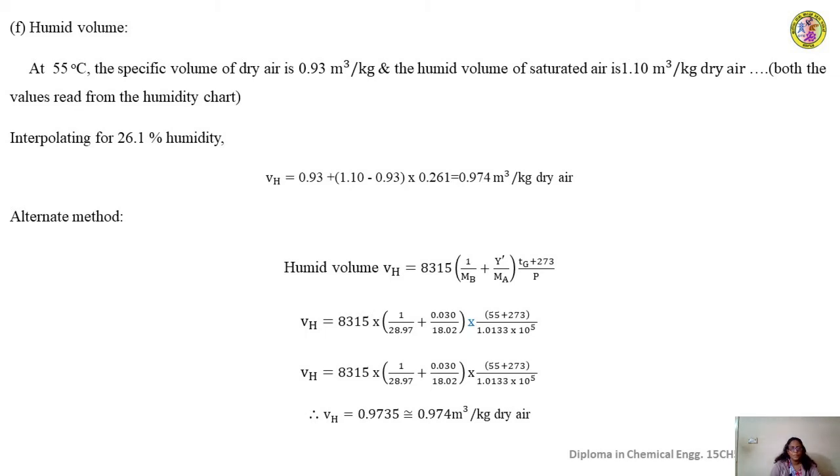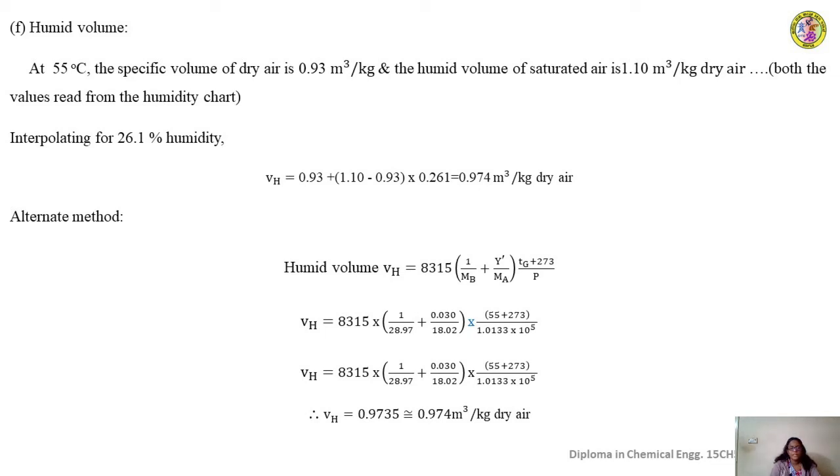VH is equal to 8315 into, in bracket, 1 by MB. MB is the molecular weight of air. 29 is the approximate value; the exact value is 28.97.